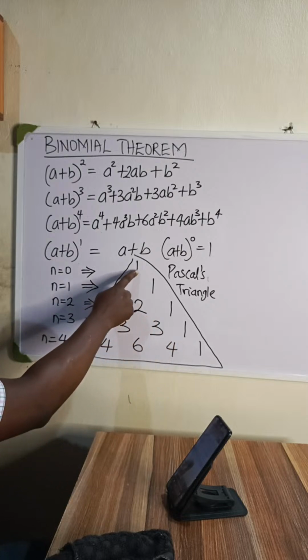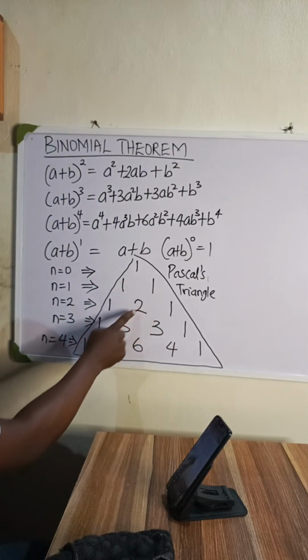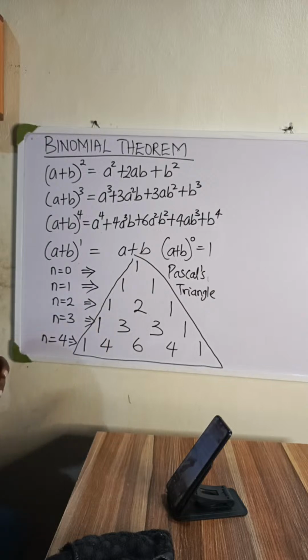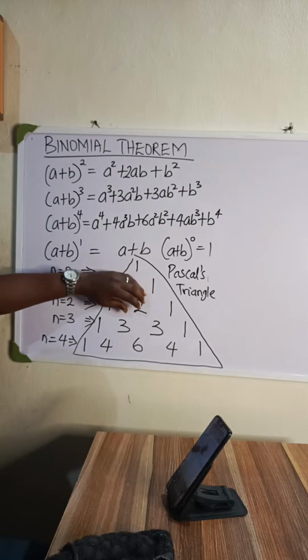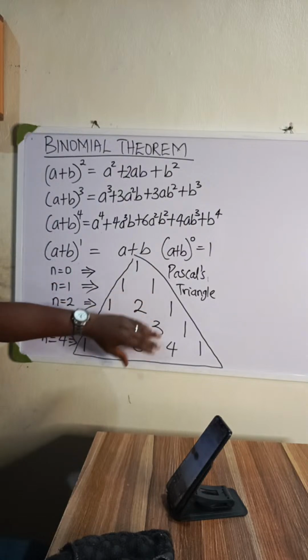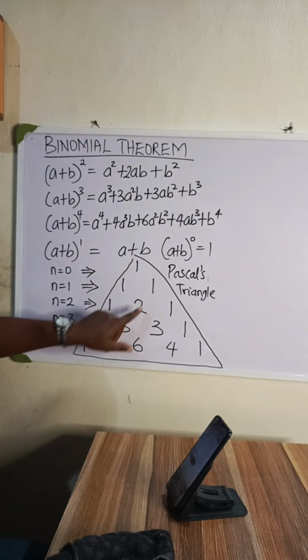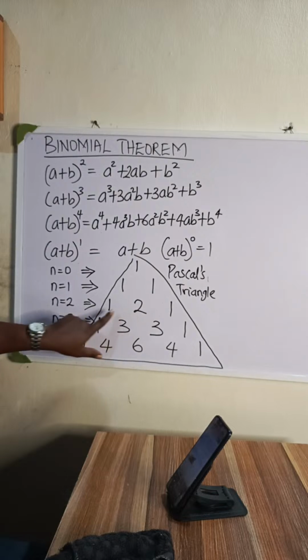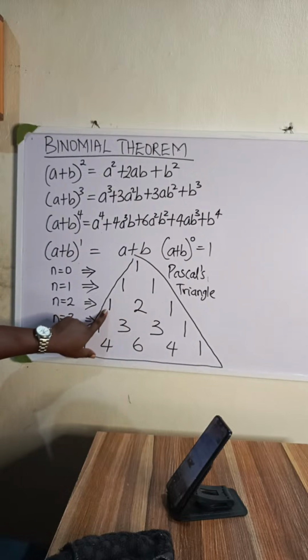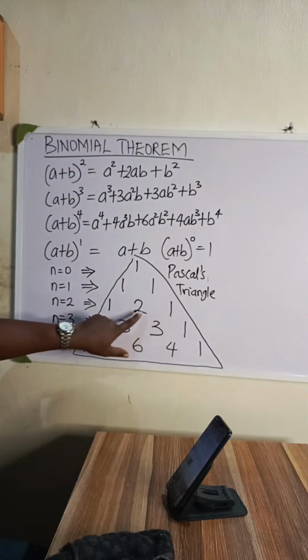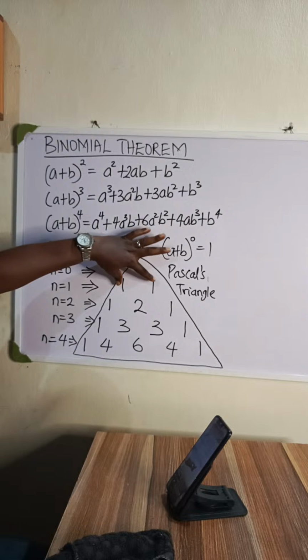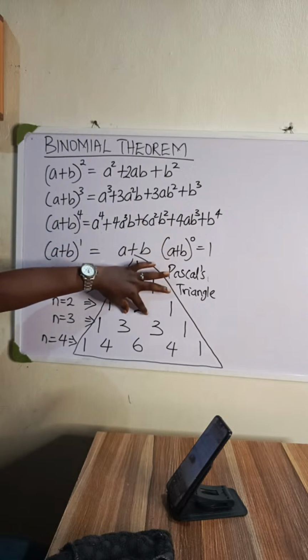Now, 1 here, 1, 1, but 2, without expanding manually here, we can see how to generate these other numbers. 1 plus 1 gives us 2. So we have taken note that the number outside is 1, the number outside is 1. So to get this number here, we simply add these two numbers on top to give us 2.